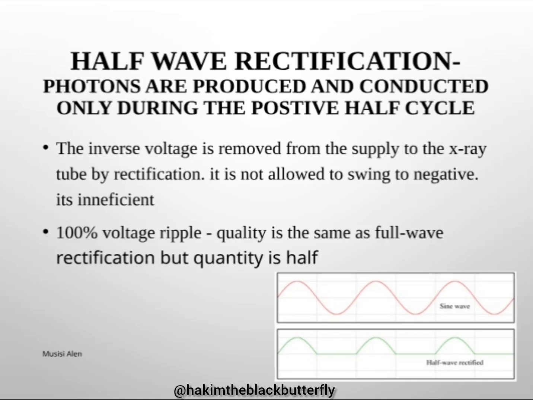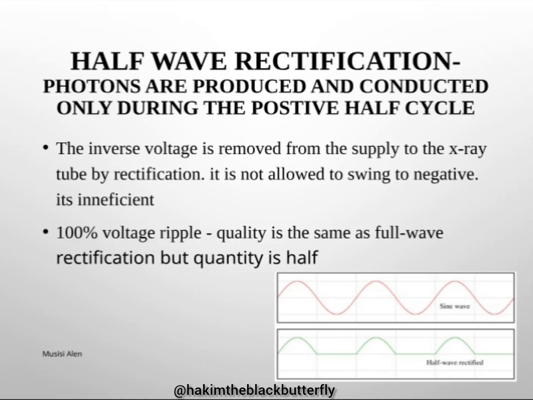Half-wave rectification, X-rays are produced and conducted only during the positive half cycle. So you see this illustration. The red wave shows us the alternating voltage.